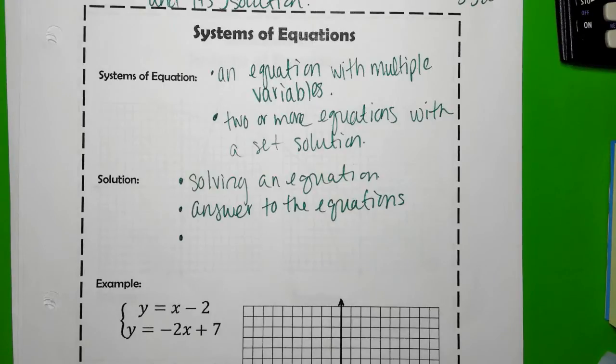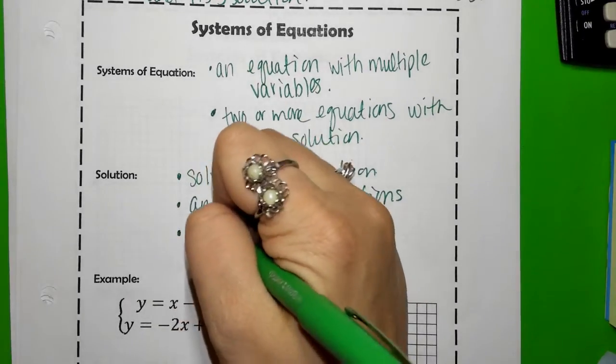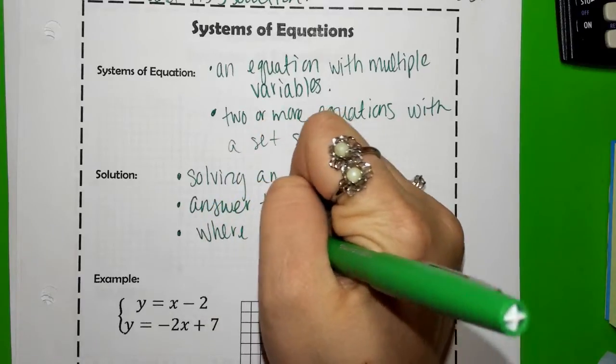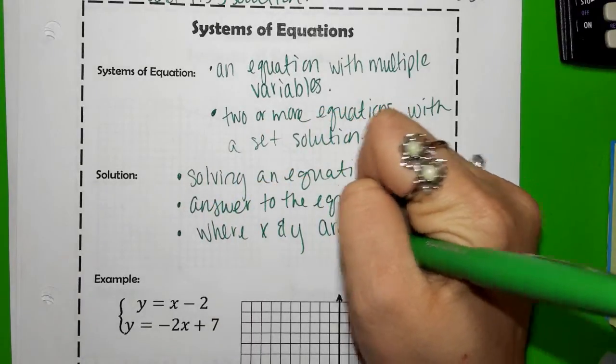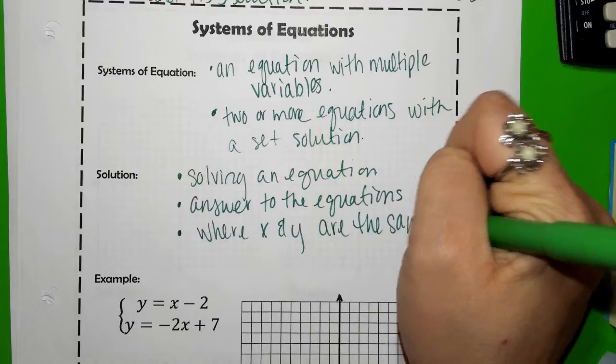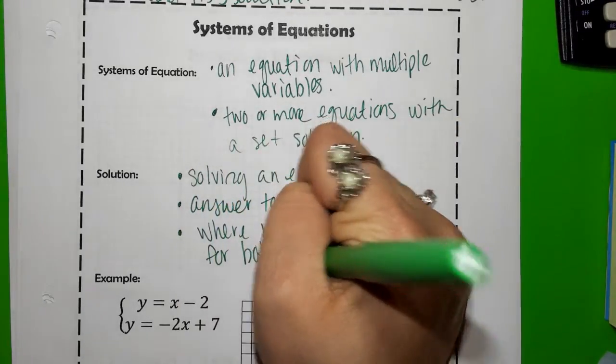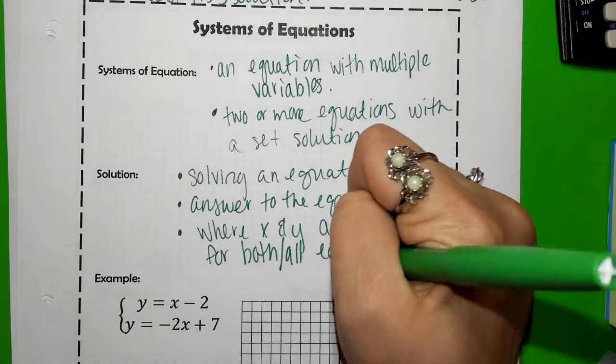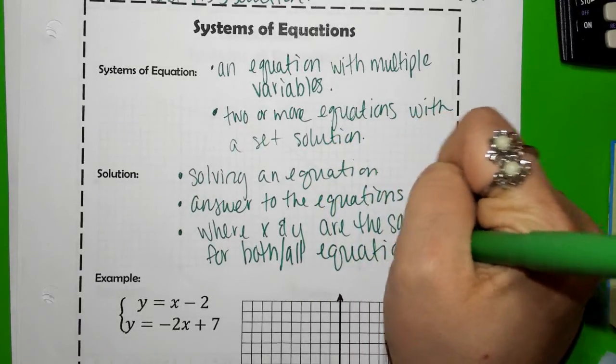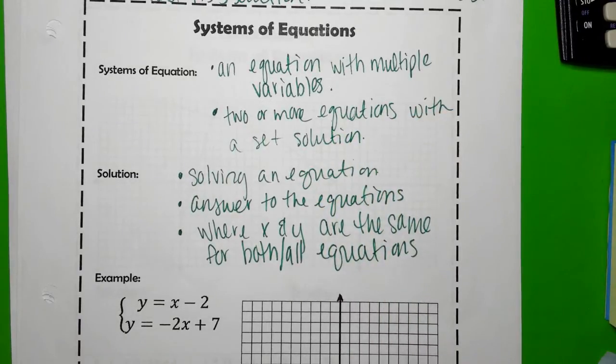Where x and y are the same for both or all equations. So what is the solution on here? Is it in ordered pairs? Is it just a number? What is it?